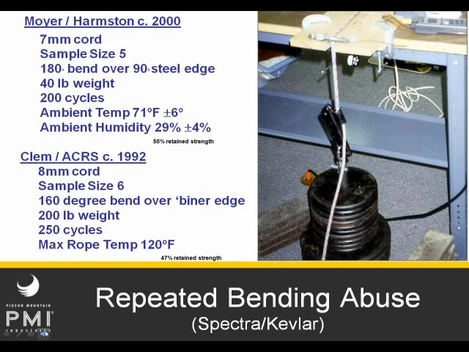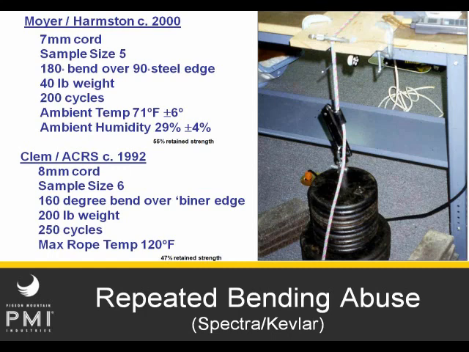A series of testing that was done in 1992 actually highlighted this problem. As you can see in the bottom set of testing, 8mm cord that was a combination Spectra Kevlar was tested. There were 6 samples in this particular group of tests, and you can see where there was a 160-degree bend over a carabiner edge in the picture on the right.